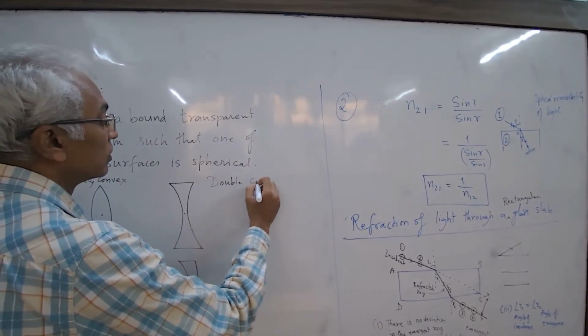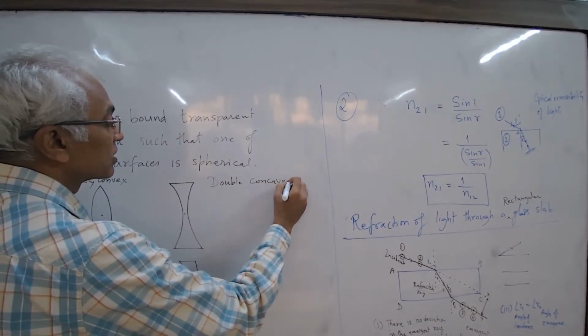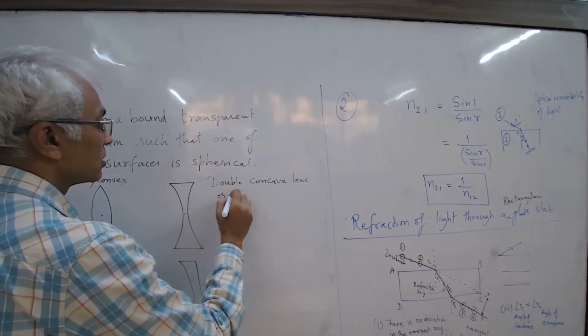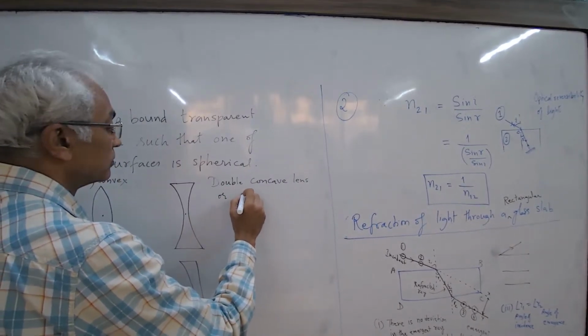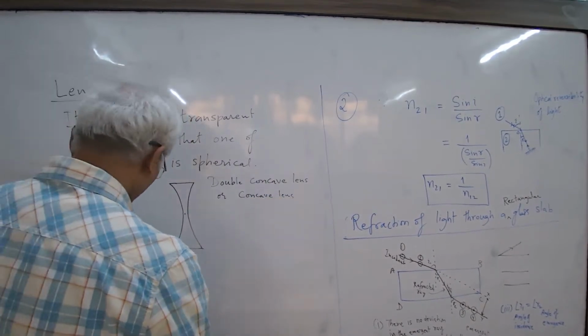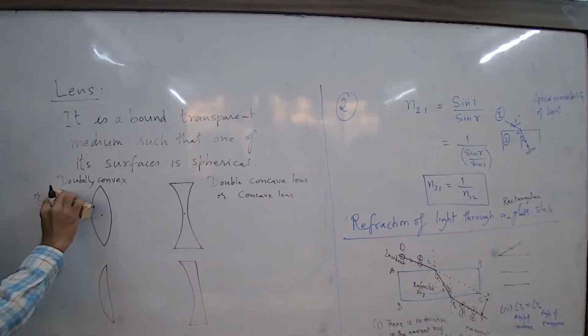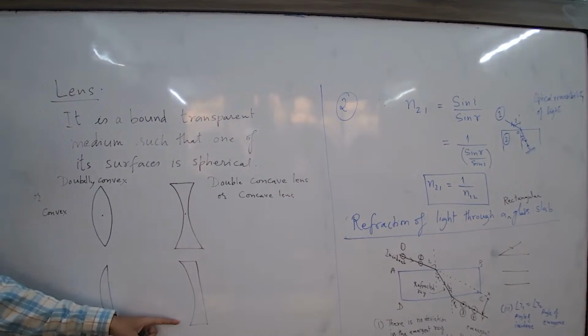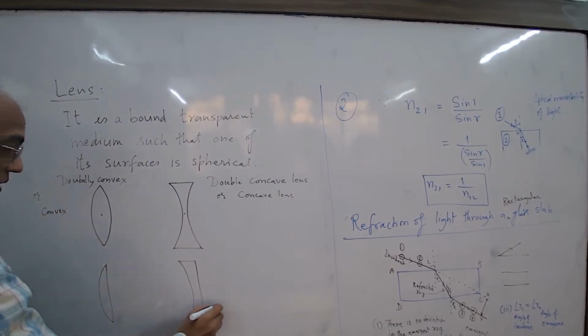Double concave lens or just concave. Okay. So this is how you will identify them. This is called plano-convex and this is plano-concave. Okay? Plano-concave.